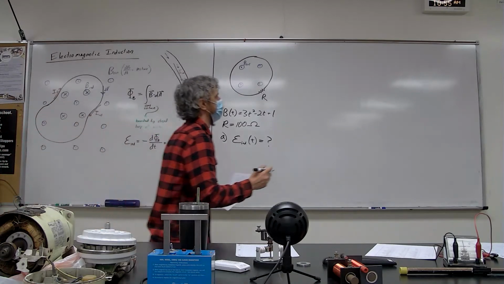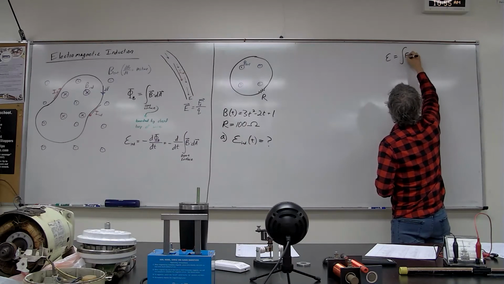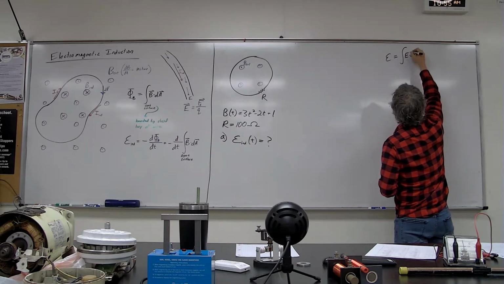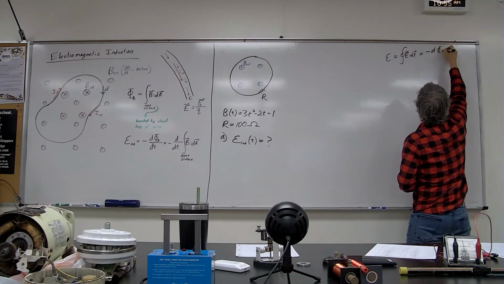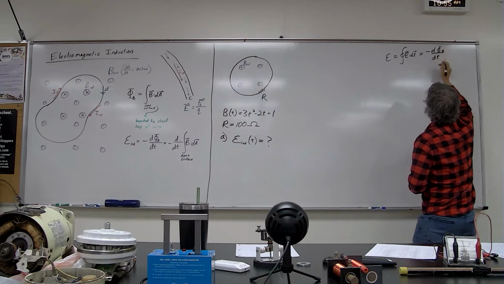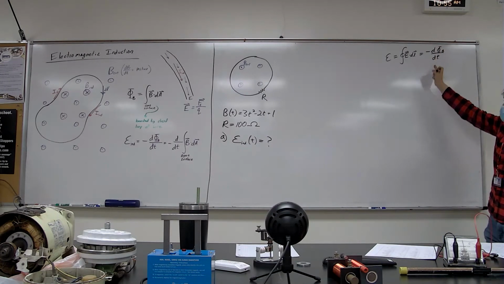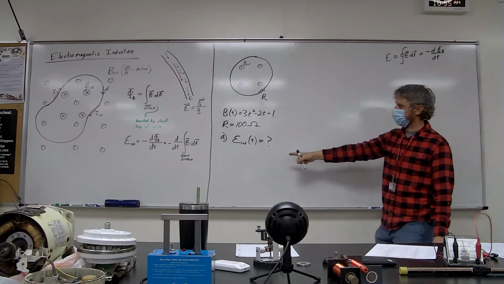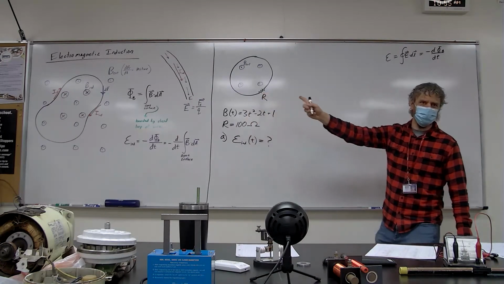Generally, let me write Faraday's law again. Generally, to find an EMF, we use this one. Obviously, here that's going to be the case because we have a magnetic field function, right?